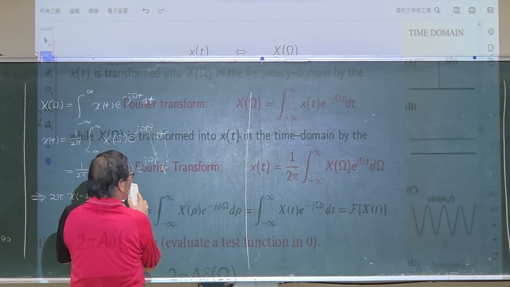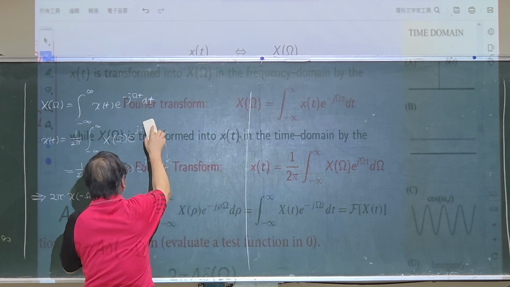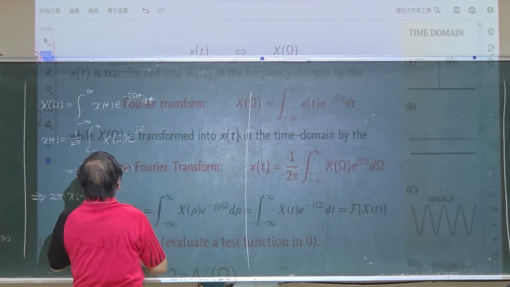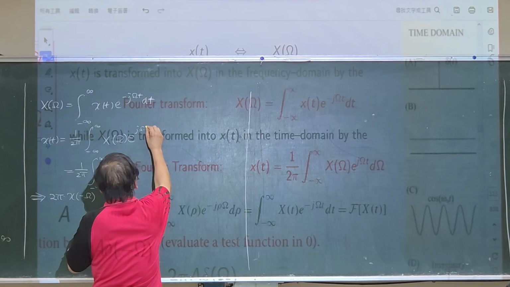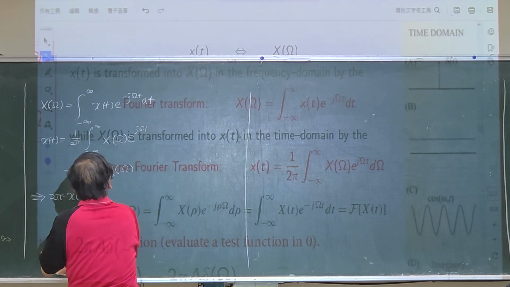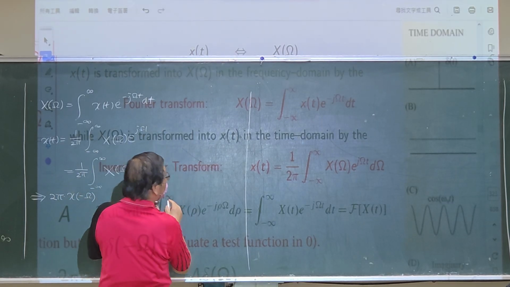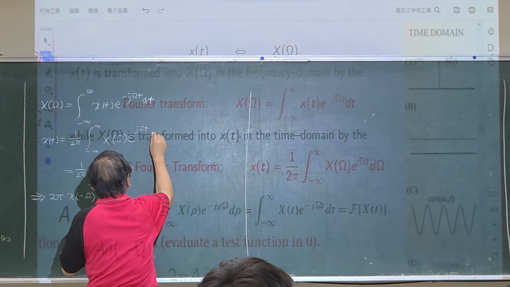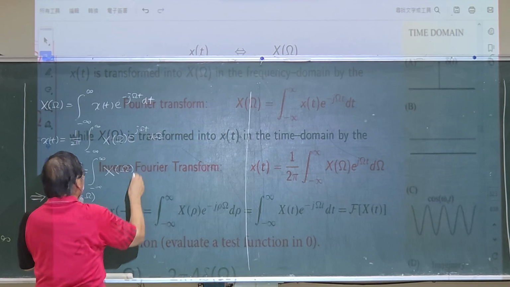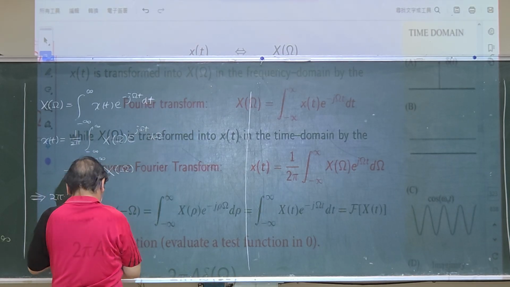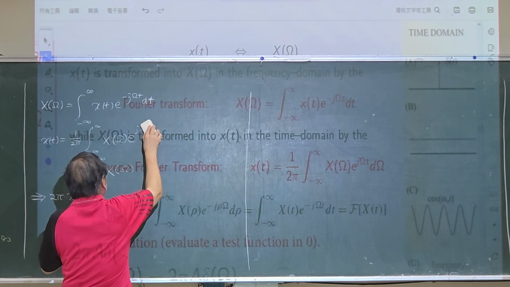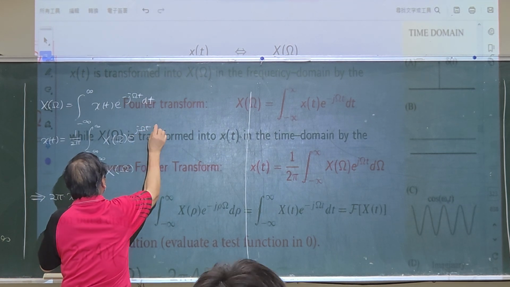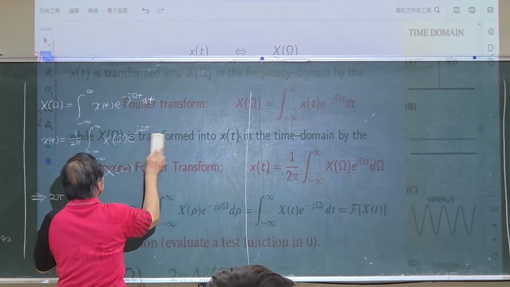Hold on. Okay, sorry about this. I forgot this. Omega t here. Yeah, here omega t omega. That's right. This is the omega, not dt. Sorry about this. Dt is this one. So let me correct this. And this is the omega.